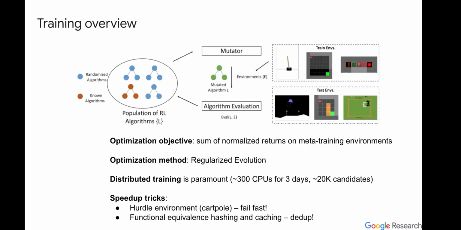However, determining algebraic equivalence for such a complex graph is highly non-trivial. So we use numerical equivalence as a proxy. We have a set of fixed random inputs, and we run this DAG on those inputs, and then we hash the results. Once we detect a duplicate, we just read the score from the cache. That saves a lot of computation time.